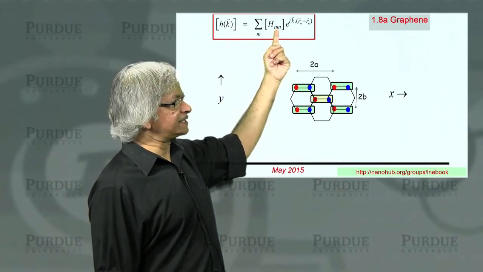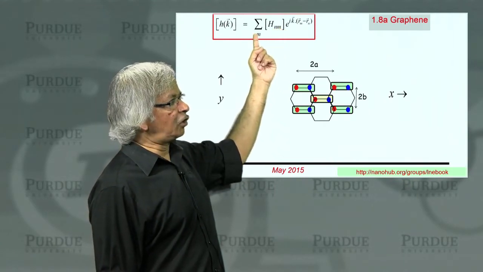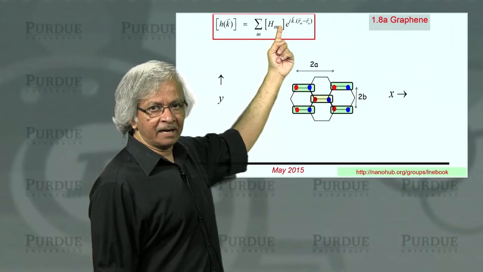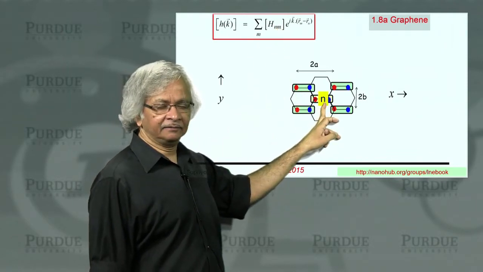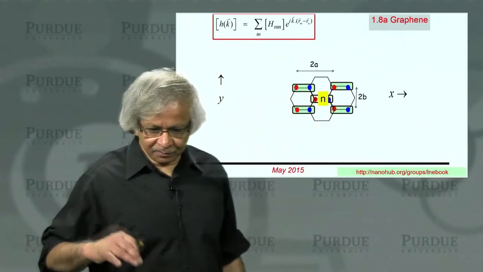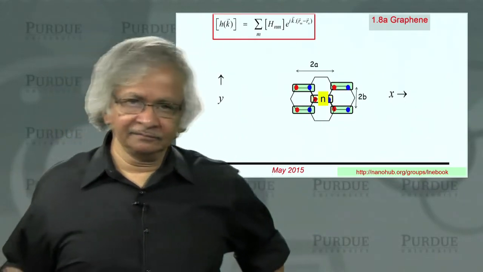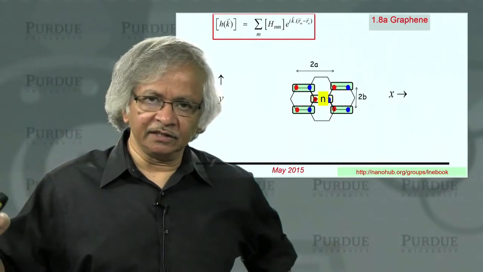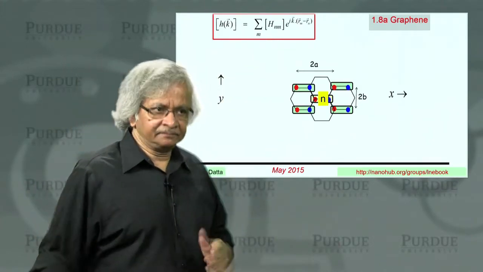So you stand at some unit cell n and do this summation over all other unit cells m. So we stand here, call that n, and do our summation around there. And because it's periodic, I could have stood anywhere on graphene, on any unit cell, and performed that summation and got the same answer.